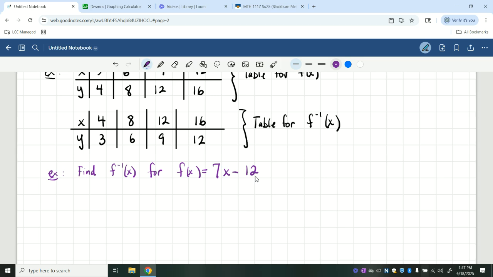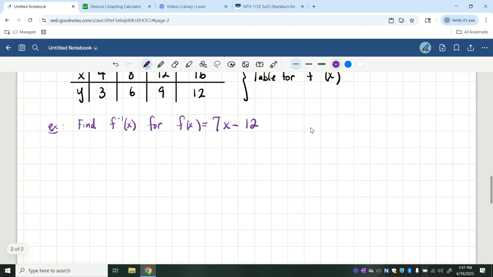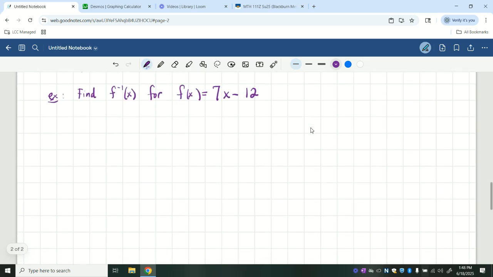Alright, we want to find the inverse function for that. So, algebraically, here are the steps. I'm going to show you two different ways and you can choose the one you like better. The first way I'm going to show you is going to work for all of them. The second way, you're going to have to get kind of crafty with it to work for all of them. So the first way is a better way to learn it, in my opinion.